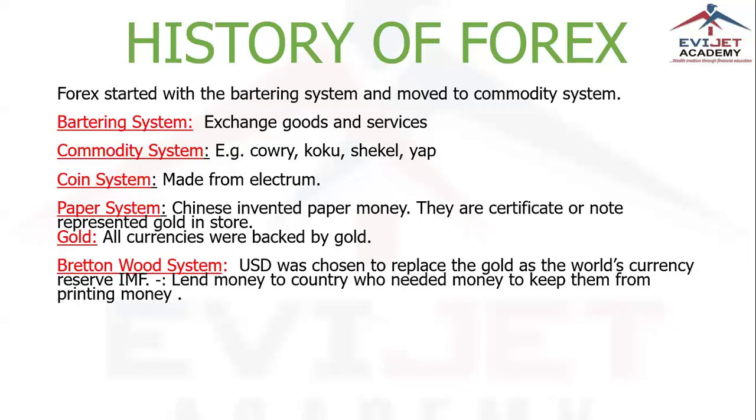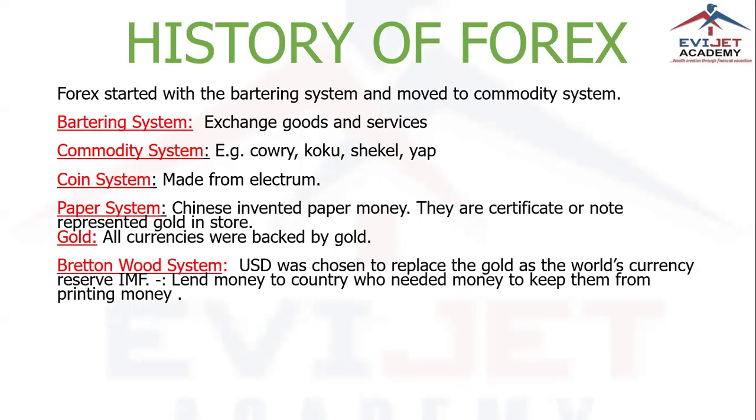So you produce cassava, and the other person produces something else. You need what that person has, and they need cassava. There is an exchange system, and that is how exchanges were made.